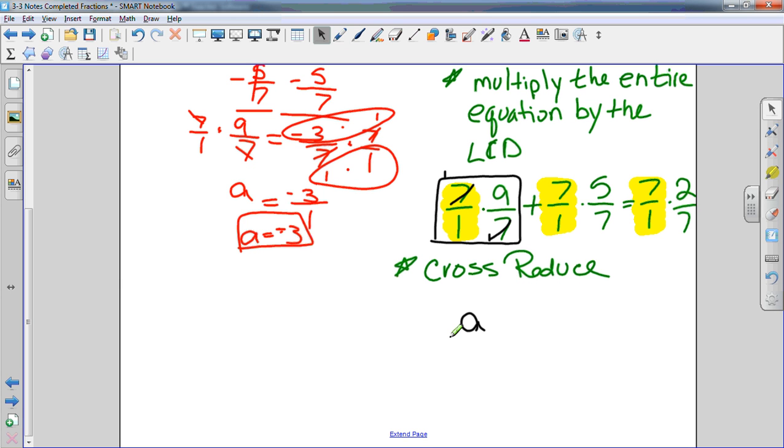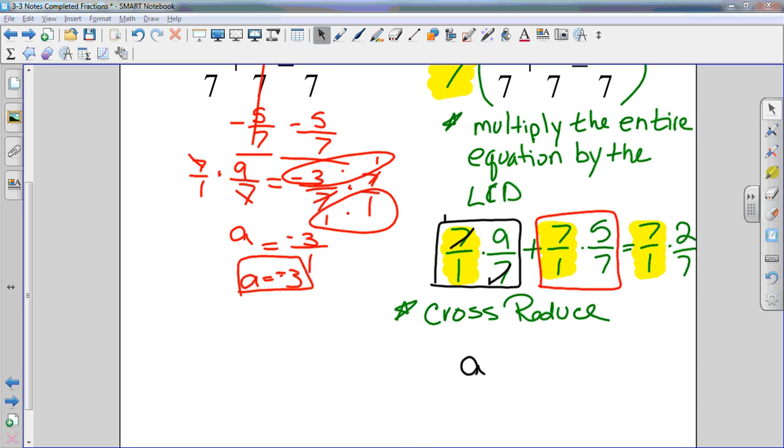Okay, now we're going to do the next one. And the next term is right here. What do we do when, even when we do that, we're still left with a fraction? You'll never be left with a fraction if you do it right.